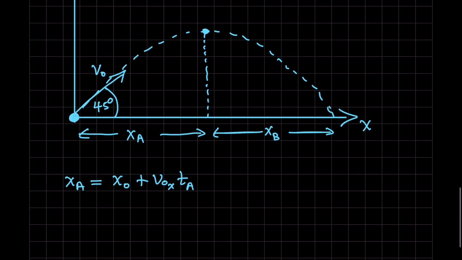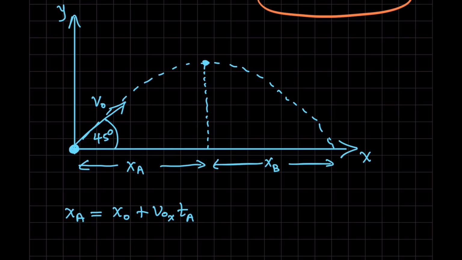So we're going to use that again for part B. We're going to say the total time, not TA, but total time was equal to that range, that's 60 meters from the first part, but we'll just call it X here, because that's just the range, how far it goes, divided by the initial velocity times cosine of 45 degrees, right?